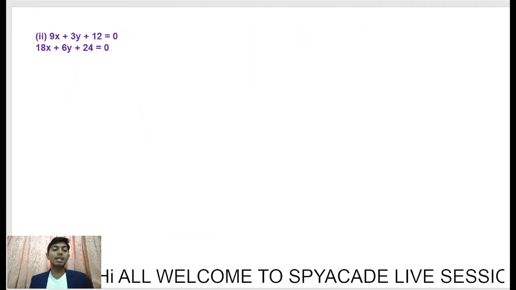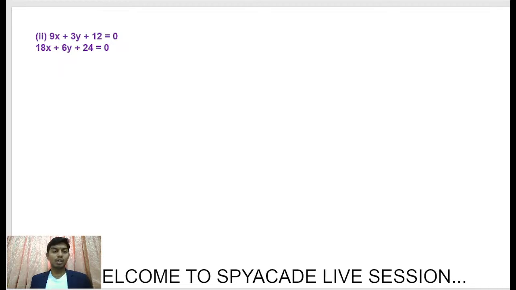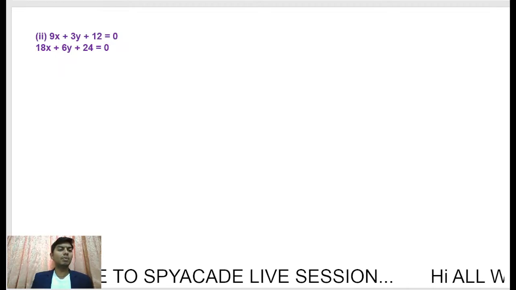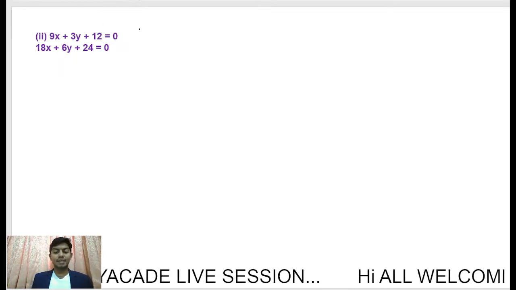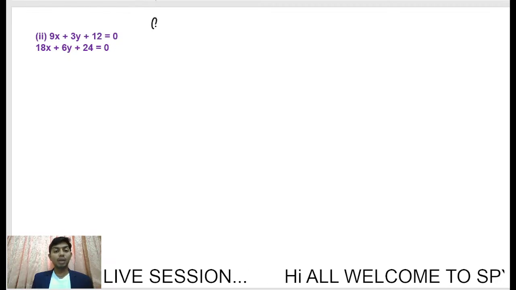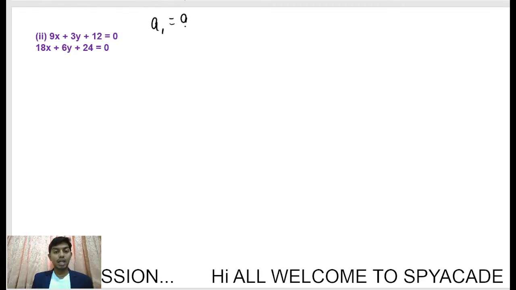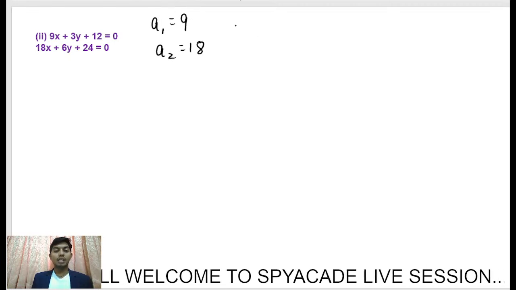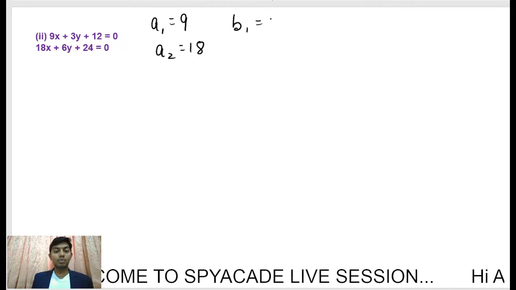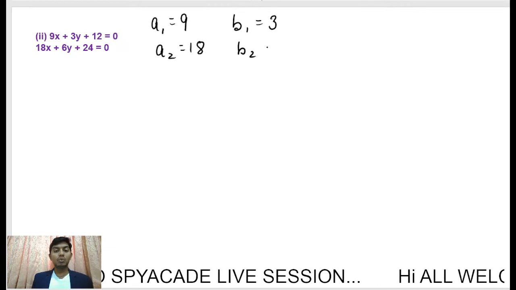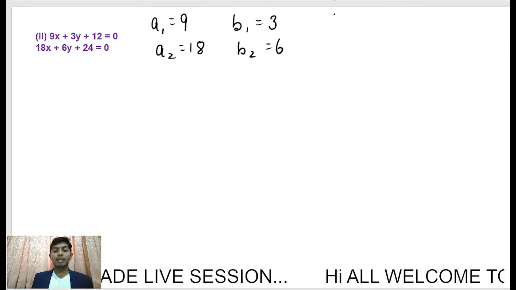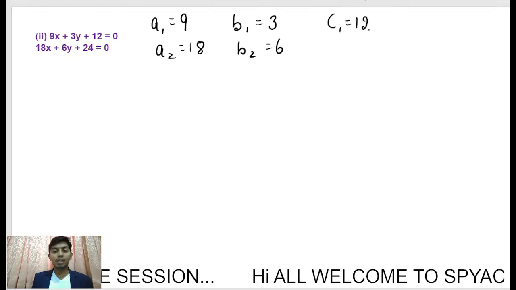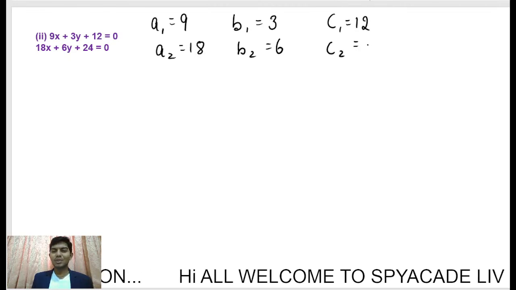So you have to learn this table very clearly. Now here, let us list out the value of A1. The same question, the next subdivision I am writing here. A1 is going to be 9 and A2 is going to be 18. Same way, B1 is 3 and then B2 is 6. And then C1 is 12 and then C2 is 24.